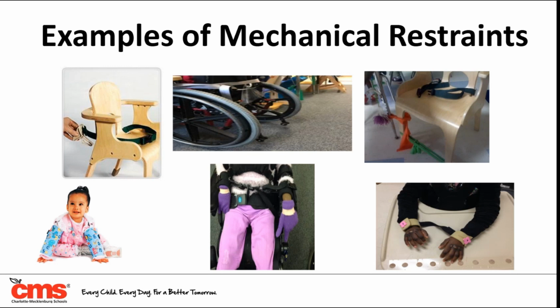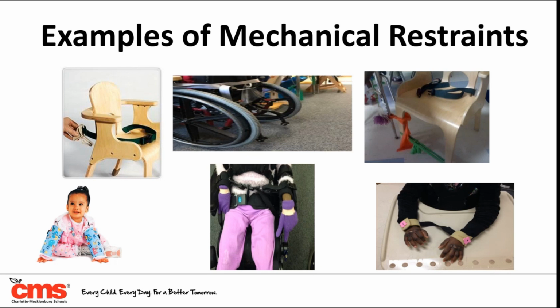Next, we see a wheelchair. This is considered a mechanical restraint because the student is unable to manipulate themselves from the device, but that is something that you would include on the IEP. You want to make sure that it's documented, especially if we're using things in the classroom, such as an activity chair. We want to make sure that those things are documented on the IEP because our students are unable to remove themselves from the seating.